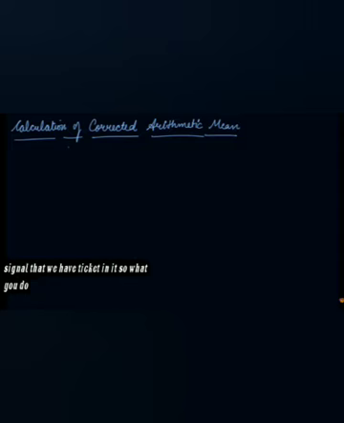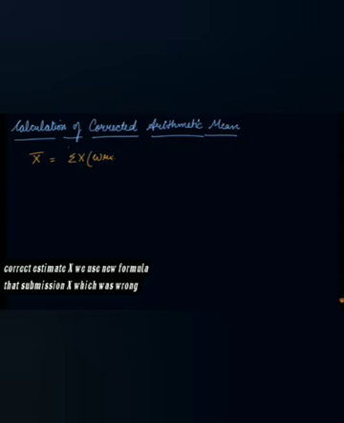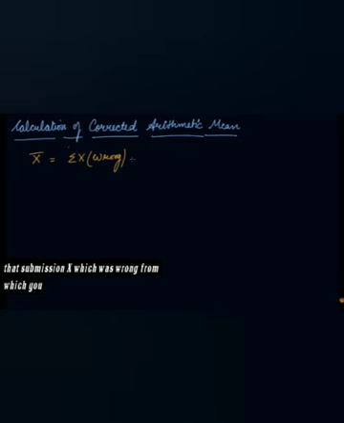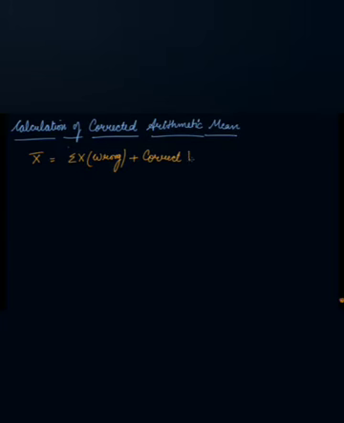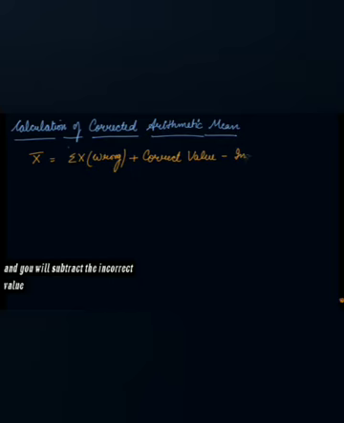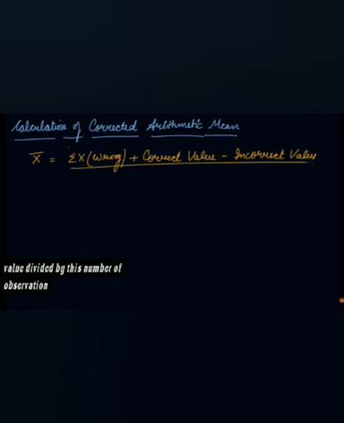In this case you calculate the correct arithmetic mean using a formula, that is summation x, which was wrong, to it you will add the correct value and subtract the incorrect value, divide by the number of observations.